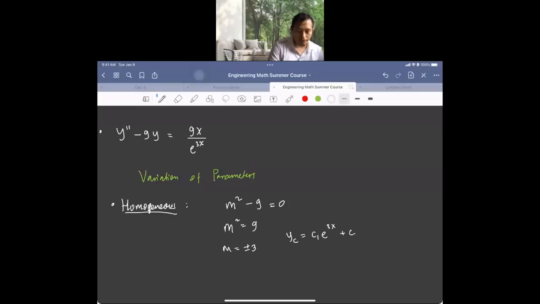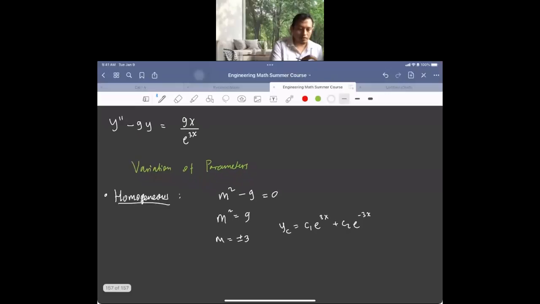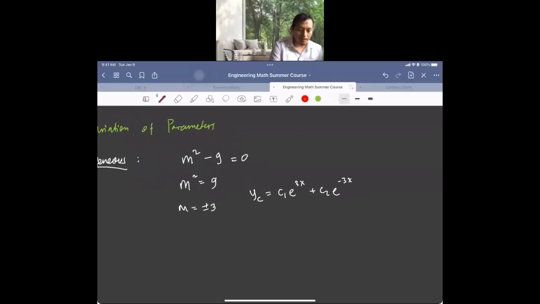So we have our complementary solution, C1 e to the 3x plus C2 e to the negative 3x. Now from here, we get an insight that the first component is e to the 3x, the second component is e to the negative 3x. And in variation of parameters, we are going to find the Wronskian from these two functions.